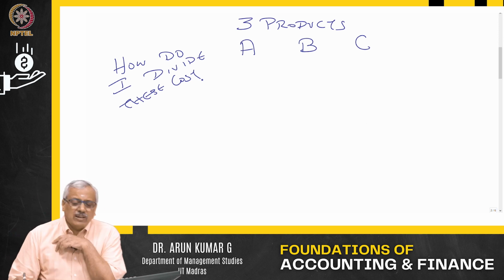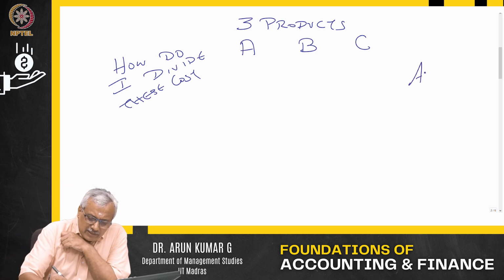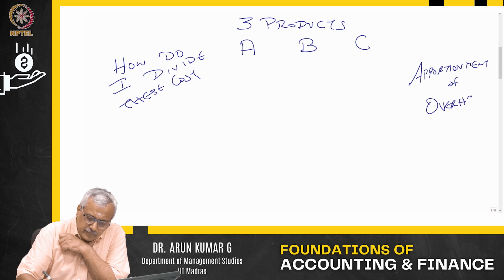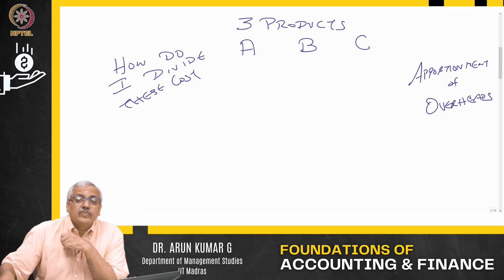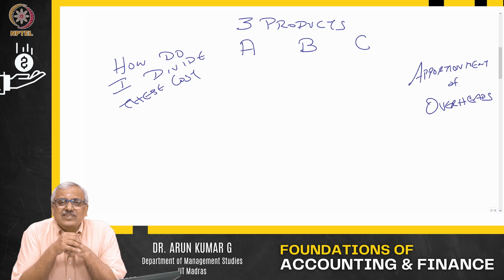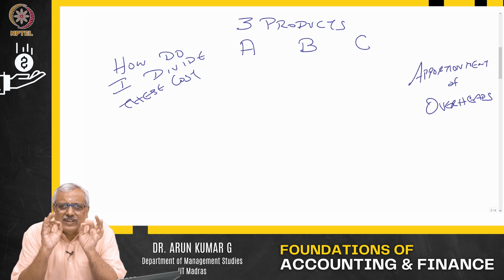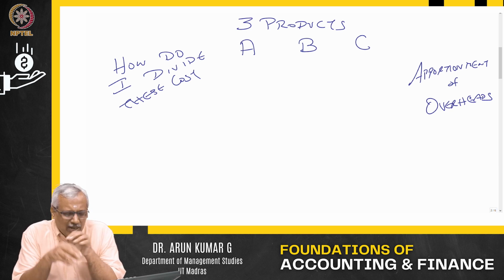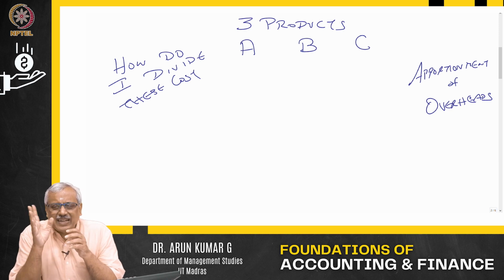That is what we call apportionment of overheads. It is always a bigger challenge. Apportioning, or in simple English, dividing this cost among these 3 products A, B, C is always a bigger challenge.